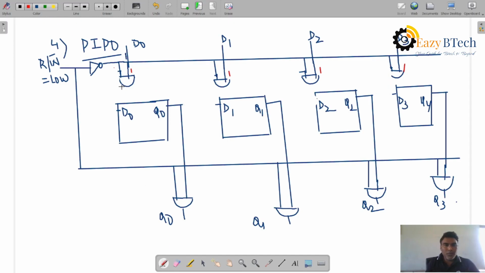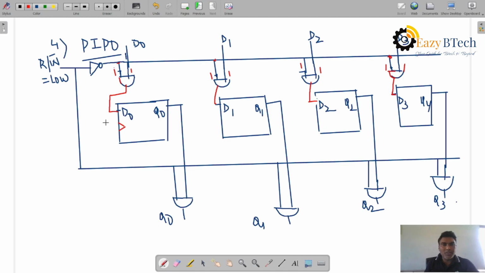From the AND gate output we can take it here. One path is the complement, it will be 1. Then the data will be taken. So this will be 1, this will be 1, and the parallel data will be taken.